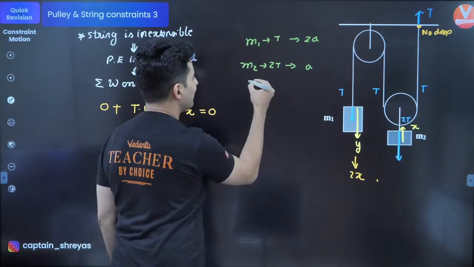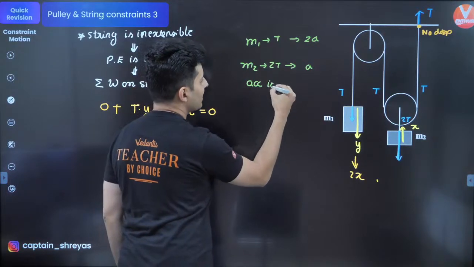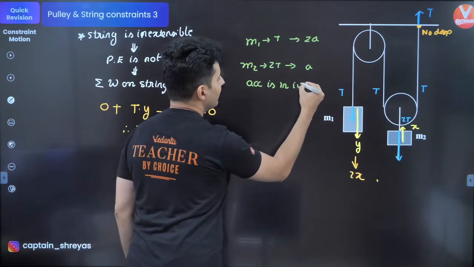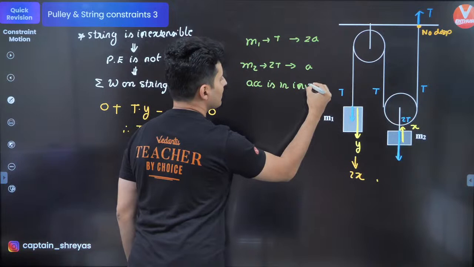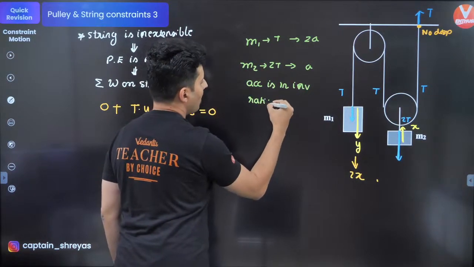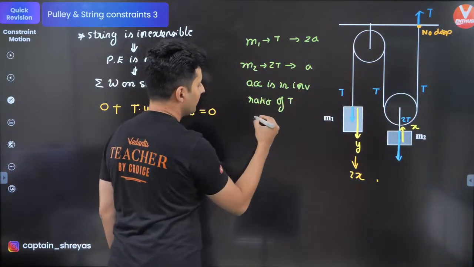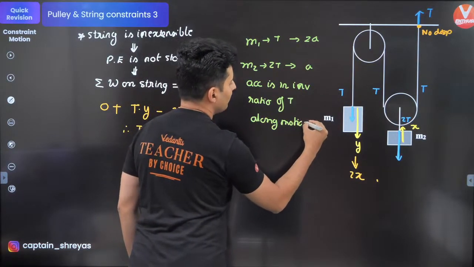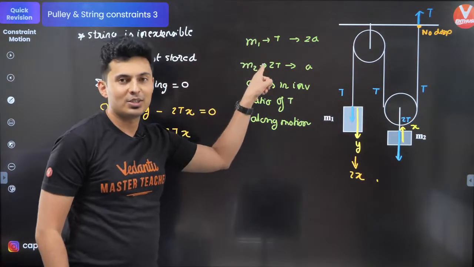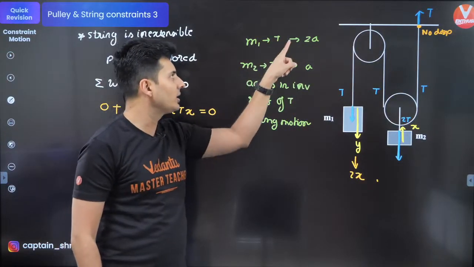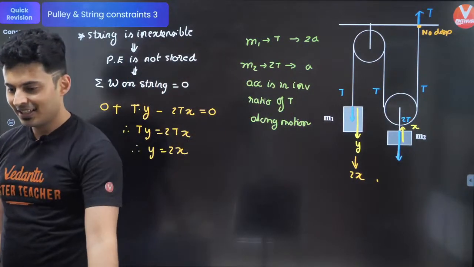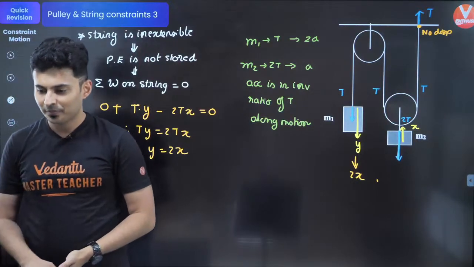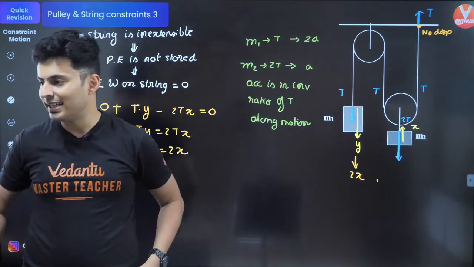So basically this method is nothing but acceleration is in inverse ratio of the tension along the motion. Very, very important. If this is 1:2, this will be 2:1. If this was 2:3, this will be 3:2. That's it. Is that understood? Very good. Excellent.